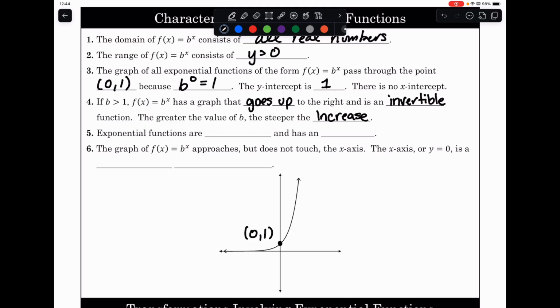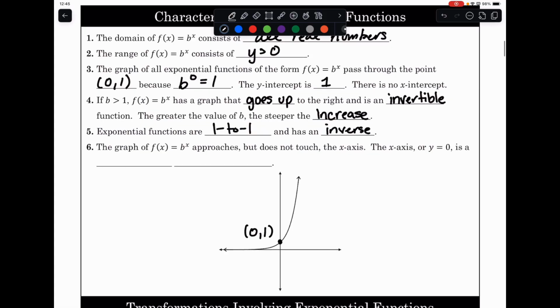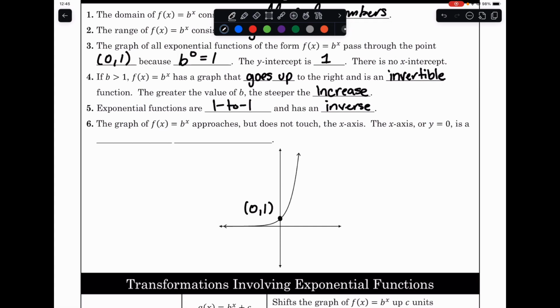Now, exponential functions are invertible. They are one-to-one functions, so they have an inverse. So an inverse does exist. The graph of b to the x approaches but does not touch the x-axis like I mentioned earlier. There is no x-intercept.